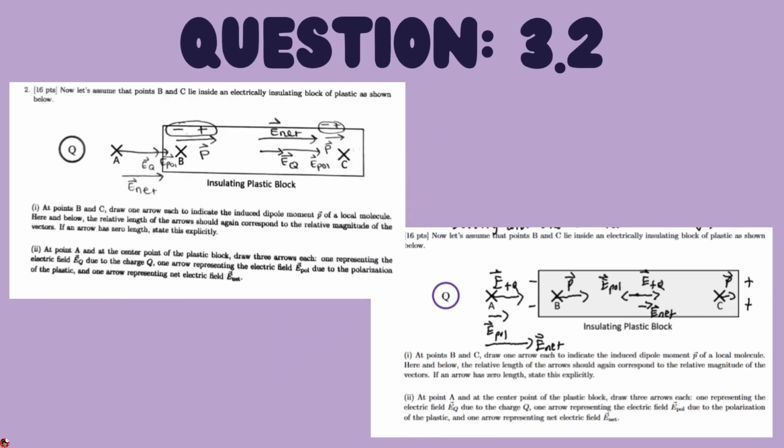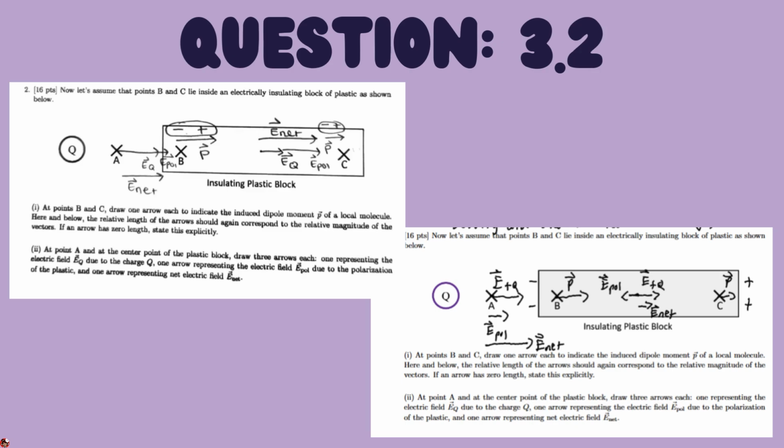All right, so question 3.2 says, now let's assume that points B and C lie inside an electrically insulating block of plastic as shown below. So for this question, I missed 2 points because of one bad arrow. As you can see in the middle point of the plastic block, plastic is an insulator, so the electric field inside should not be zero.